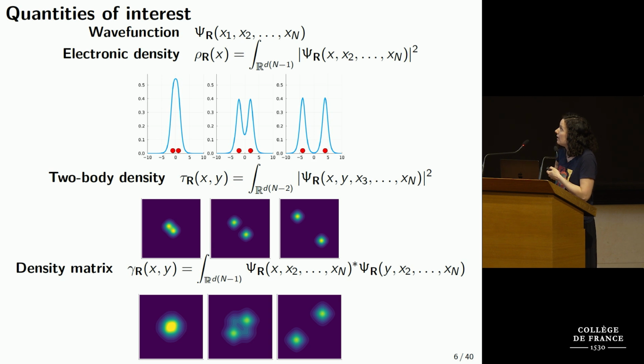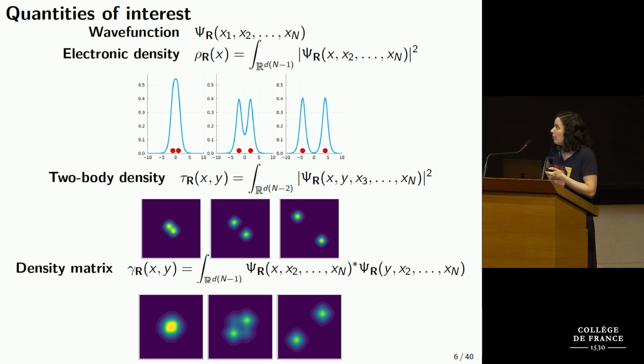The electronic density is defined as the modulus square of the wave function, where we integrate out all the variables except the first one. As an example, if I take 2 nuclei in a 1D setting and I take them apart, this is how the electronic density looks like. We see that the electronic density is highest near the nuclei. This is where the probability of finding the electron is the highest.